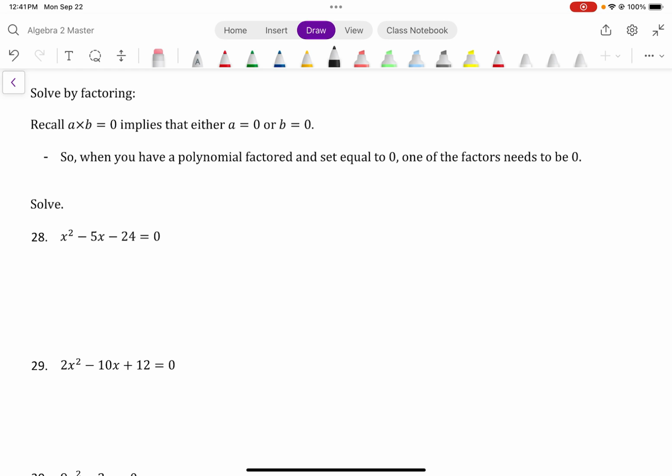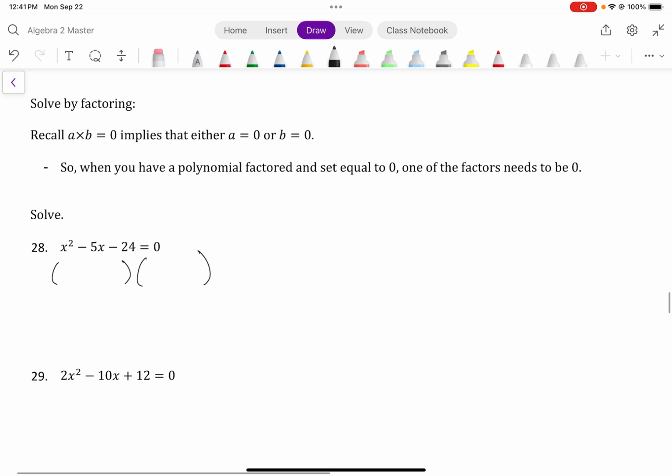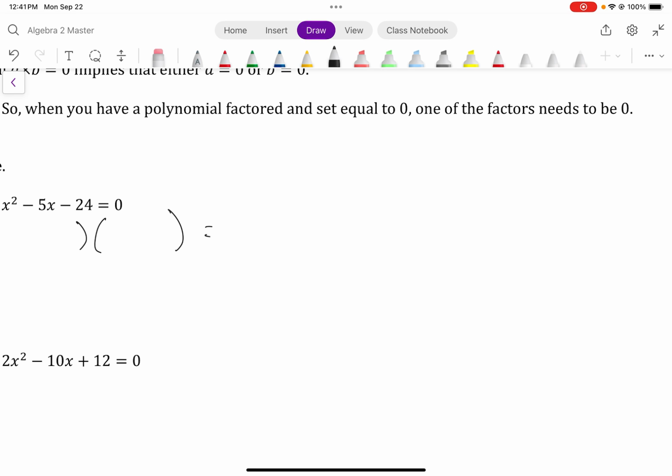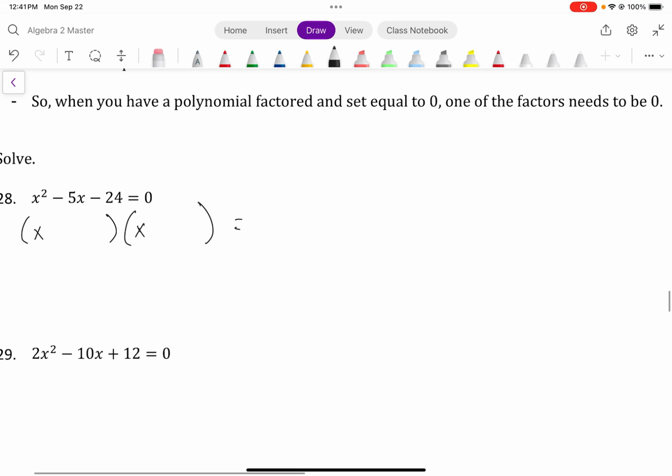So question 28 here, we have a quadratic trinomial. I'm going to start off with my normal process of x squared is x times x. Because it's a minus 24 on the end, I know I'm going to get a plus and a minus. Now I need my factors of 24. I can do 1 and 24, 2 and 12, 3 and 8, 4 and 6.